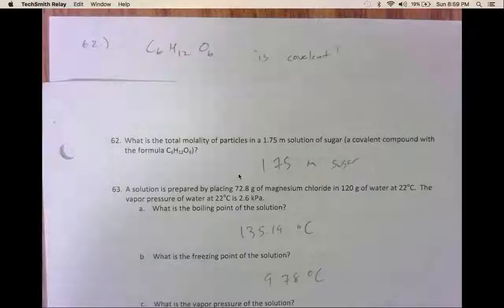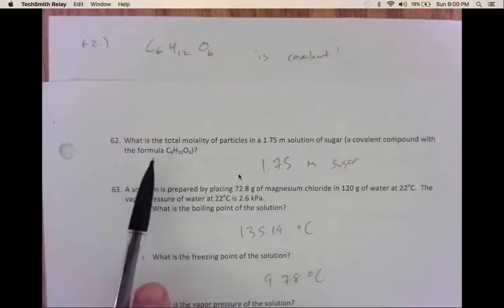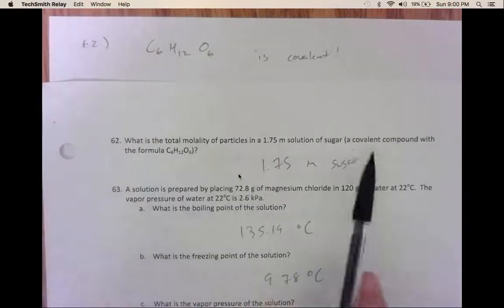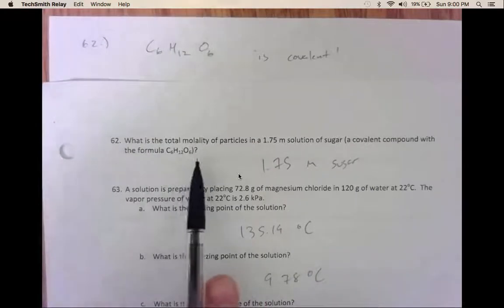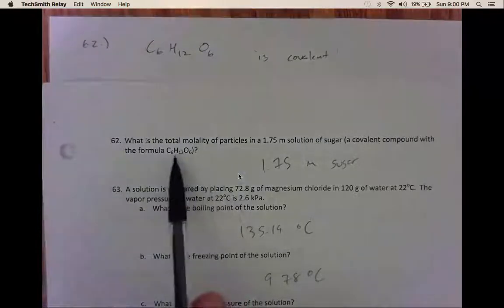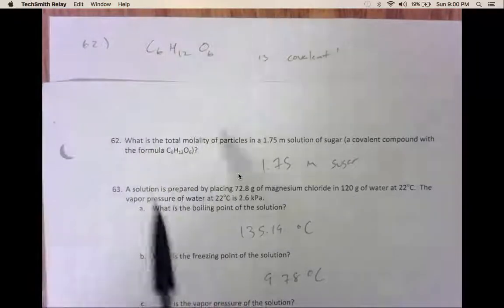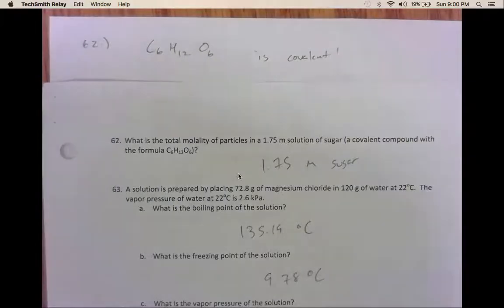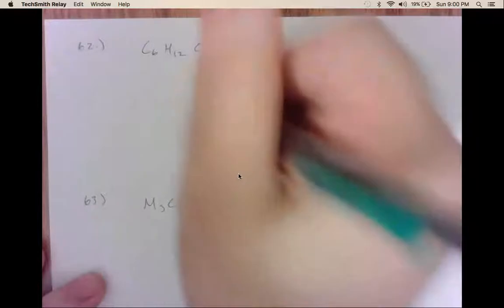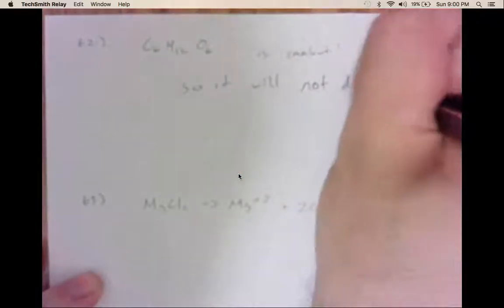Next, question 62. We're trying to find the total molality of all particles in a 1.75 molar solution of sugar. Remember guys, sugar is a covalent compound. In the problem I tell you that it's covalent, but remember, we know this is covalent because we have all non-metals. Remember guys, this relates back to question 58. Only ionic bonds dissociate in a solution. So sugar is covalent, so it will not dissociate.